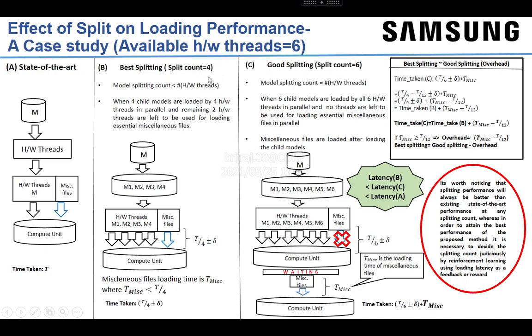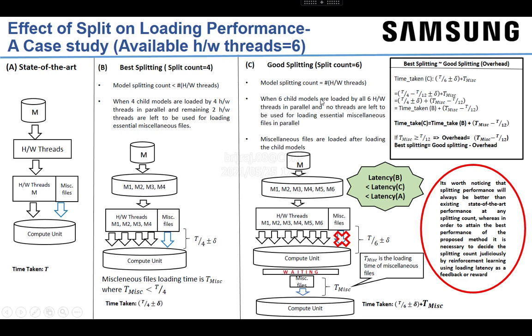What happens if we have 4 splits? We have 4 child models out of one given DNN model, and all the child models are loaded in parallel. Since we have 6 threads, the leftover threads will work on loading the miscellaneous files, and 4 will be busy loading the 4 child models. So it takes t by 4 plus minus delta time.